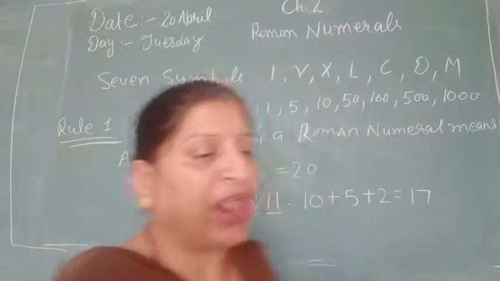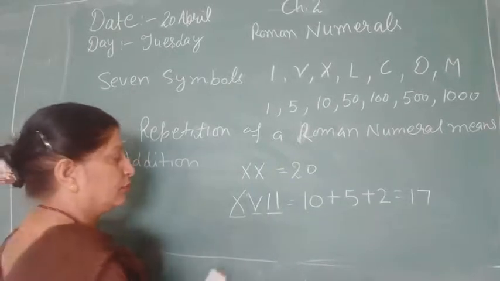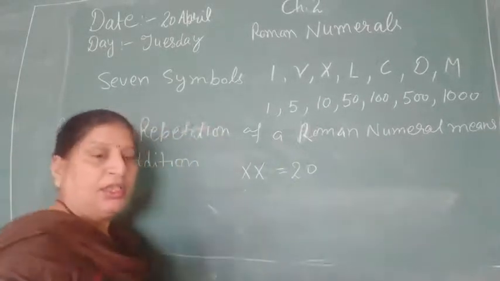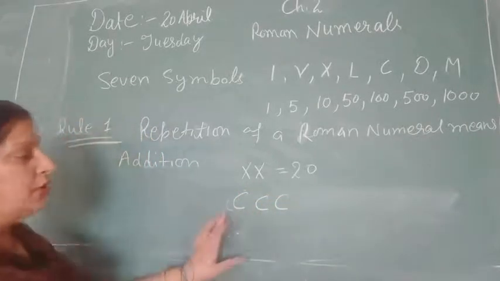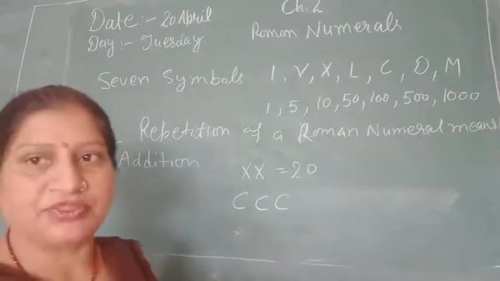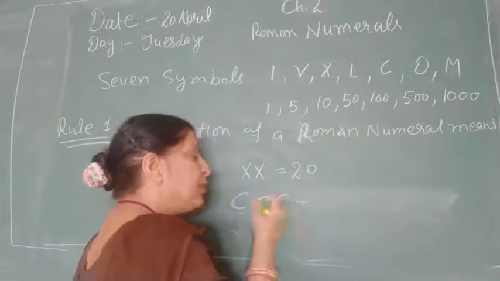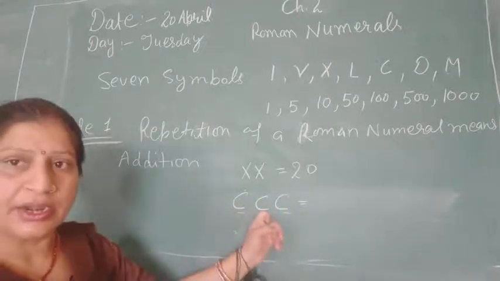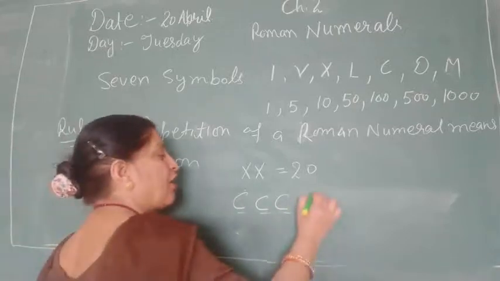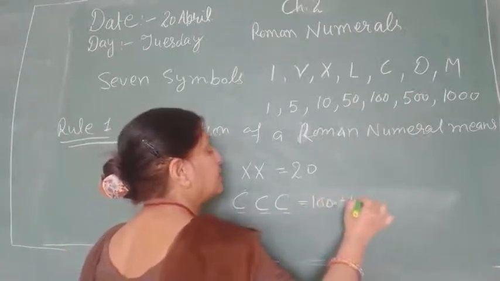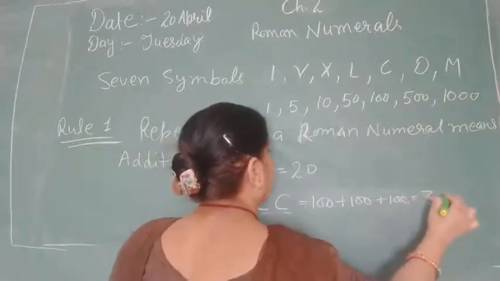After that, when we write C, C, C, we write C 3 times. It means that we add 100 three times because C is used for 100, so 100 plus 100 plus 100 is equal to 300.